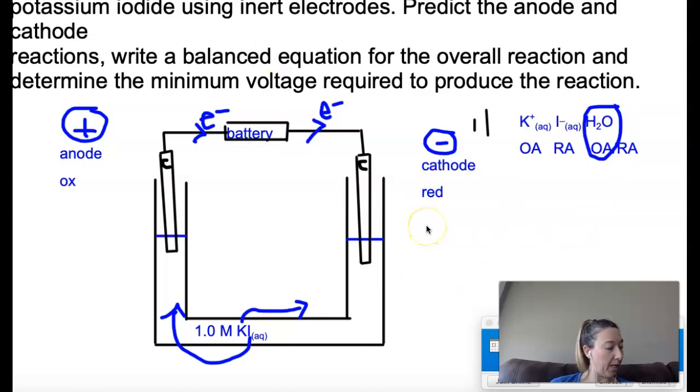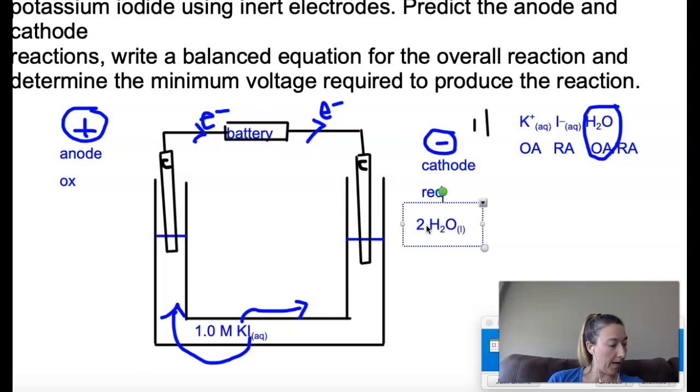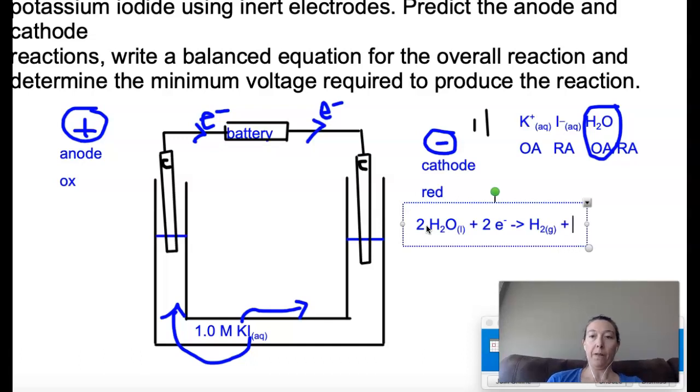It's going to be that water half reaction of 2H2O liquid plus 2 electrons turning into H2 gas plus 2OH-. Okay, so a couple of things I would notice.